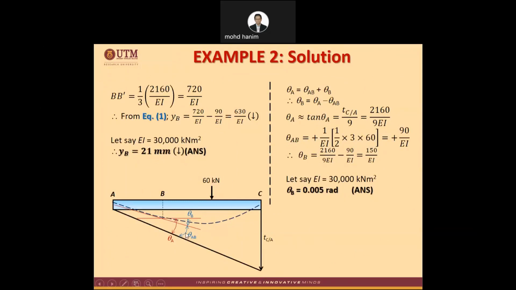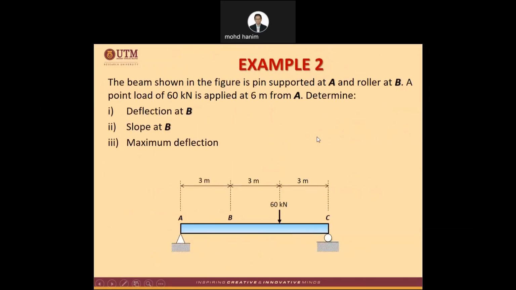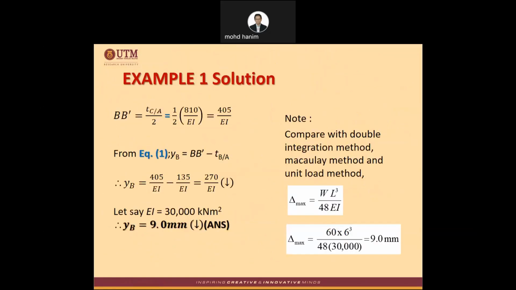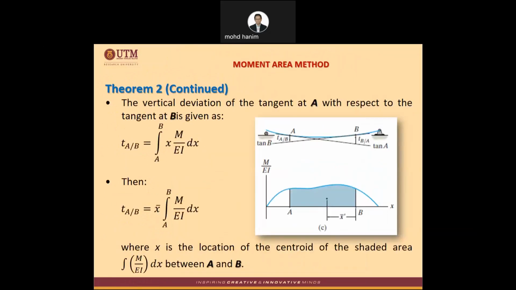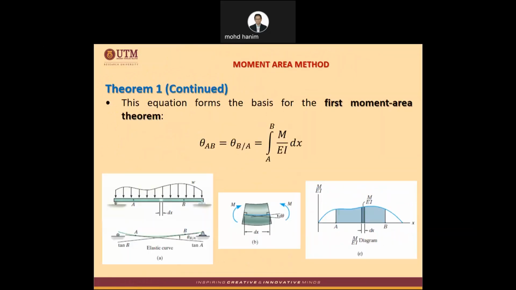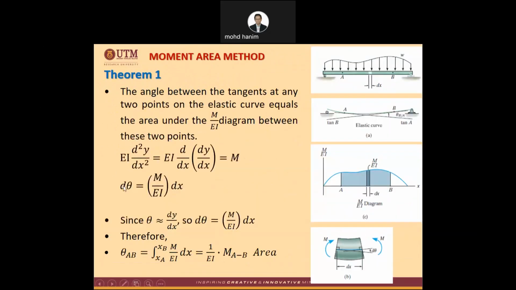And what is theta AB? Theta AB is equal to half times 3 times 60, the moment area. It's written here, theorem number 1. What is theorem number 1? This one. Here, d theta equal to moment area.